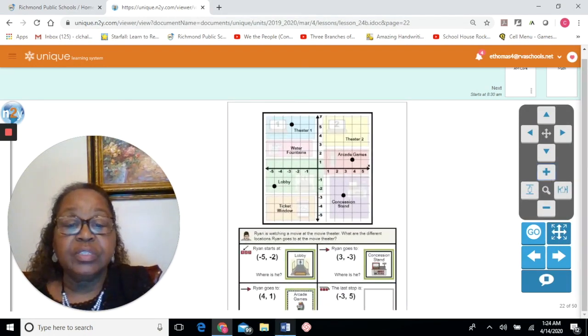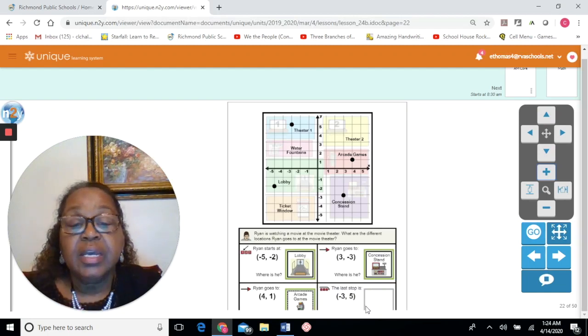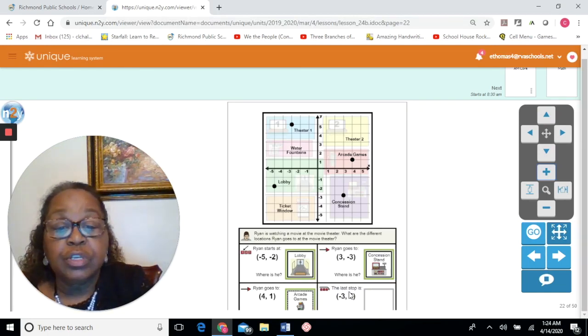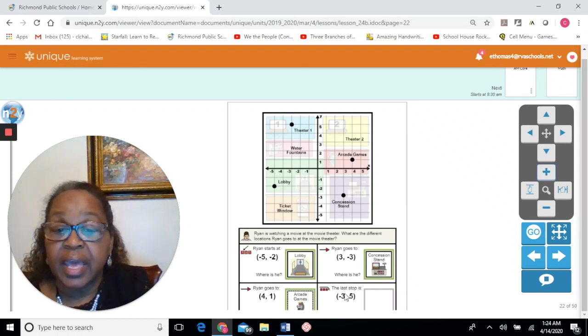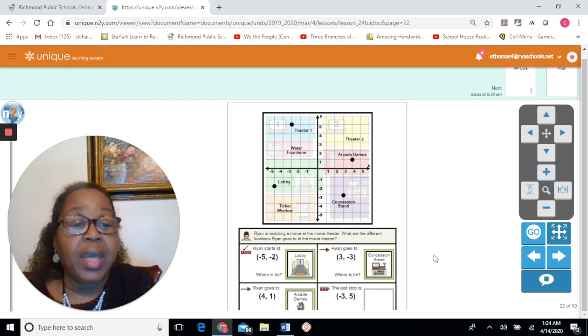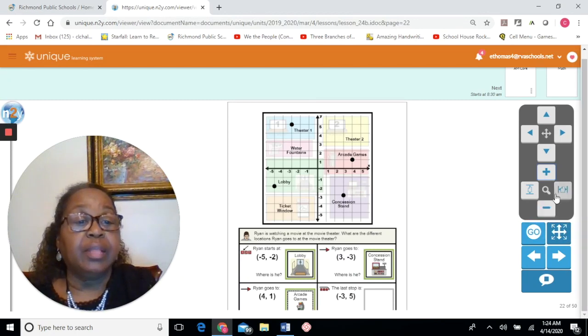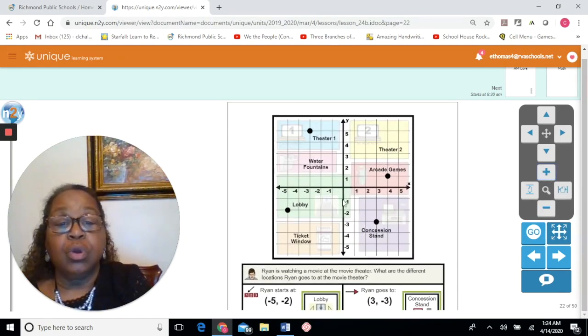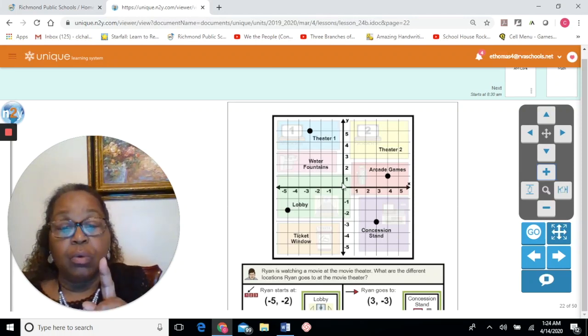And our last one says the last stop is -3, +5. The first number in the parentheses is for the x-axis and the second number is for the y-axis. Let's see if we can plot those points. So -3, we go to our point of origin, which is 0, where the two lines intersect.